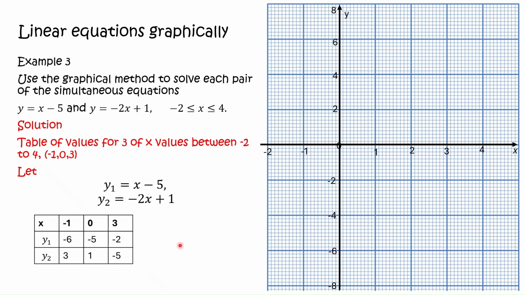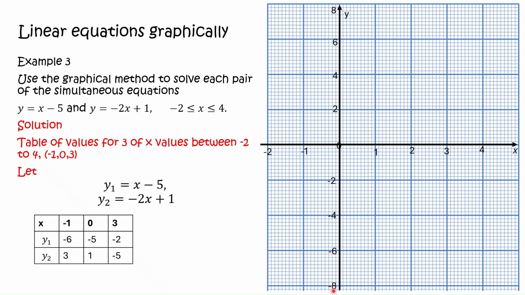So now we have our graph paper on the right hand side. We also choose a suitable scale. We see that on the x-axis we can easily fit the values from minus 2 to positive 4, and minus 8 to positive 8 on the y-axis.